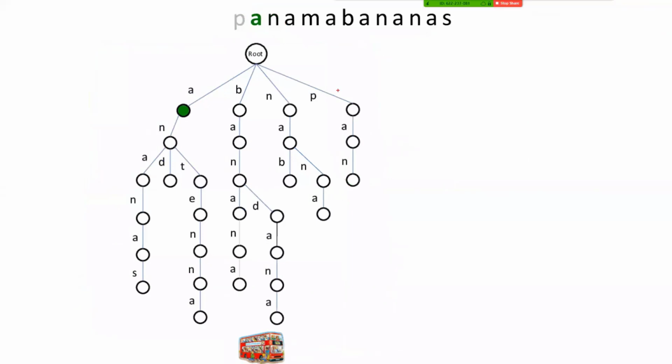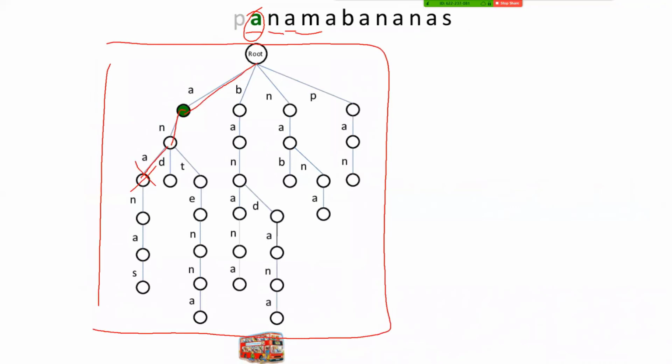And I'm going to spell out A, go that way. N, go down. A, go this way. M, I got stuck. So there's no hit starting at this position. None of the patterns that were used to construct this tree are present starting at this position of the genome.